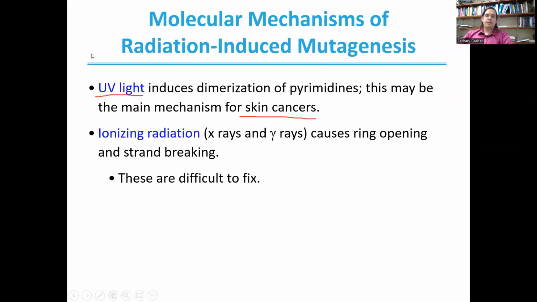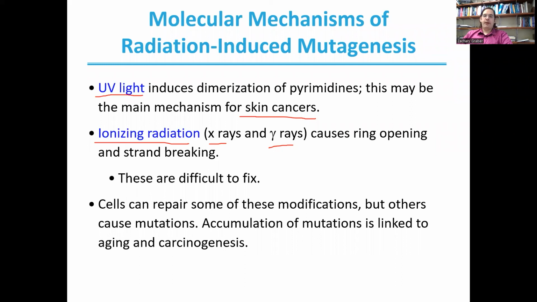So ionizing radiation, this would be X-rays or even higher energy gamma rays. And these would actually cause even greater damage. You can potentially break open your base ring or even break your DNA strand completely. The ionizing radiation tends to be the most difficult to fix because you're causing the largest change in your DNA structure.